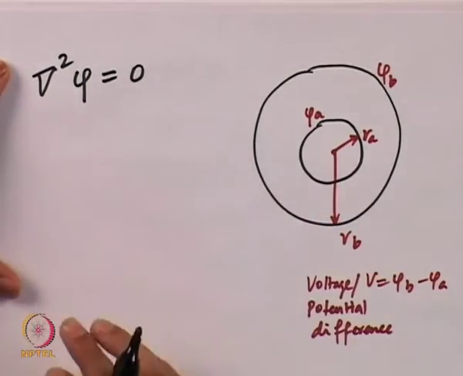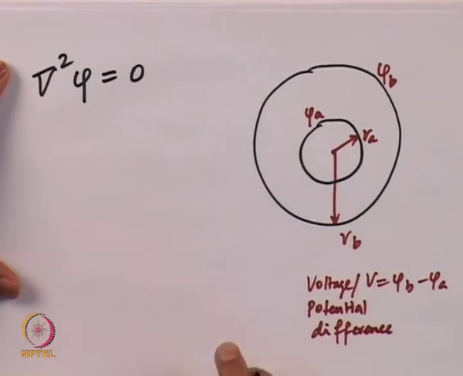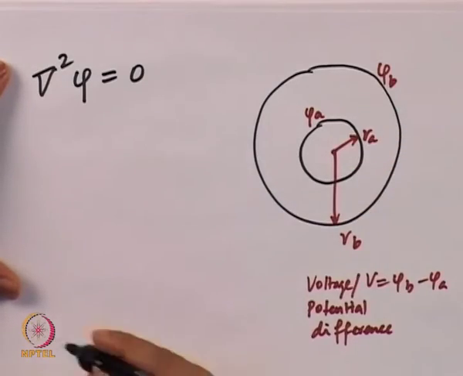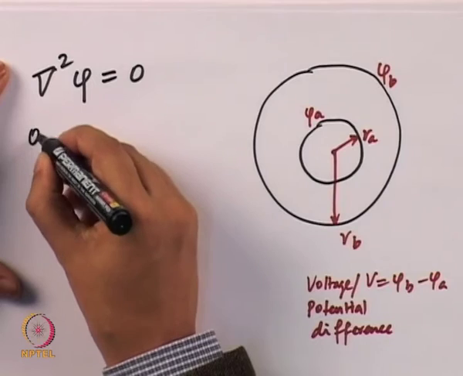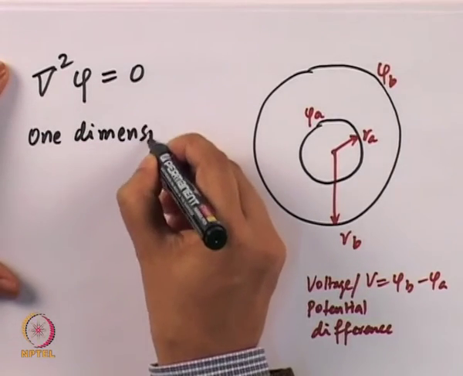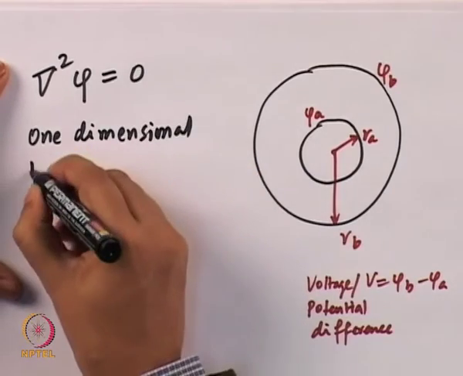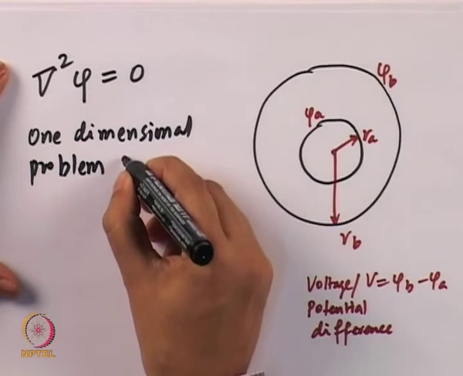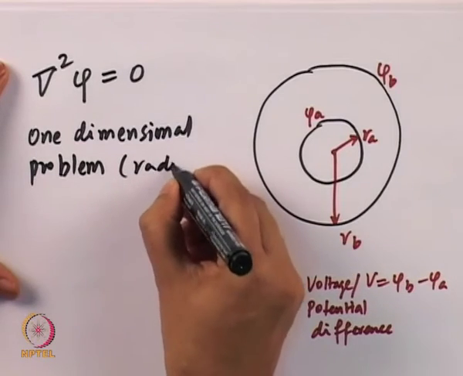And of course in this case we are going to look into a one dimensional problem, and the dimension is going to be in the direction of R. So we are going to have a one dimensional problem. So our direction will be in the radial direction.